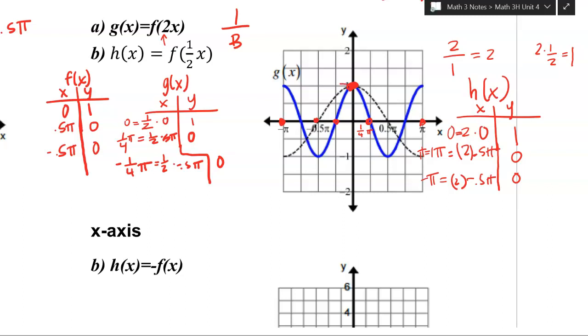All right, so we connect those points, and we match that same curvature. These look weird. All right, so notice it stretched those x values farther apart from each other, so they're more wide apart.